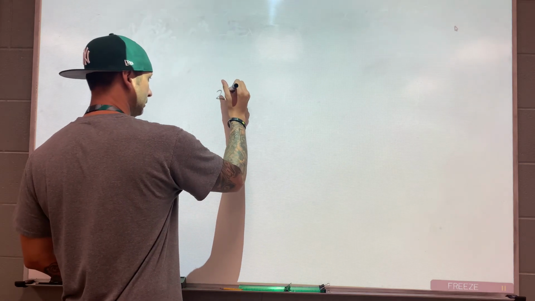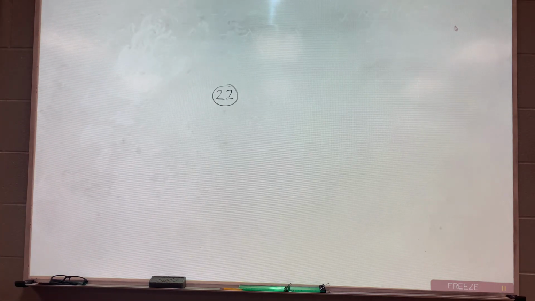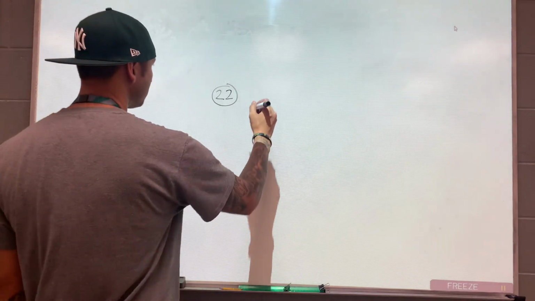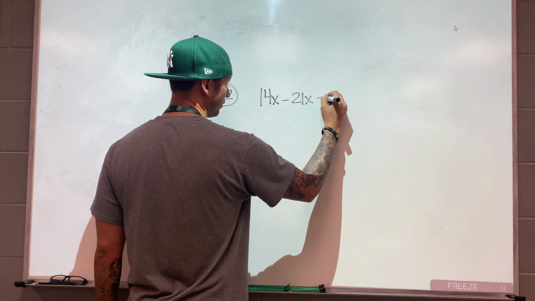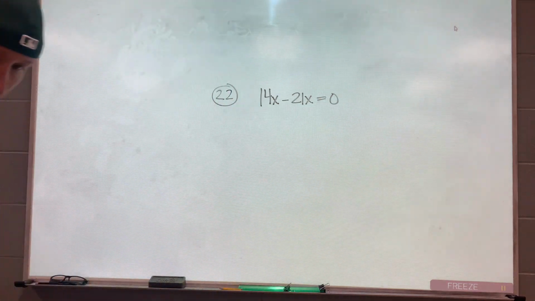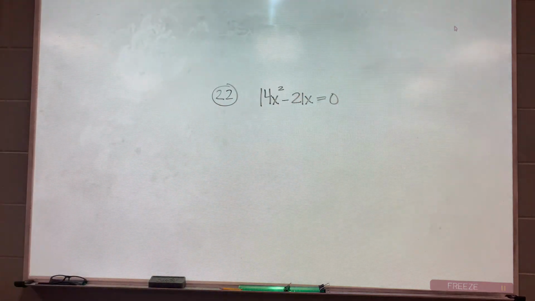22. 14x squared minus 21x equals 0. All right.